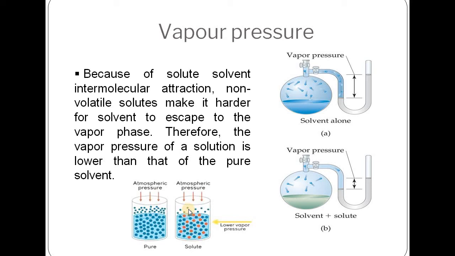Means the tendency of solvent molecules to escape to the vapor phase decreases in the presence of solute. Because of that, the vapor pressure of solution would be lower than that of the pure solvent. We can see from this figure also the vapor pressure is lower when the solute is present, whereas in case of pure solvent we are having high vapor pressure.